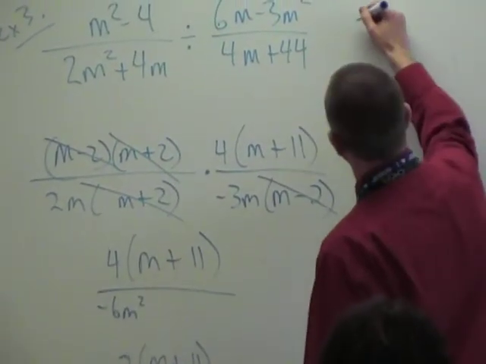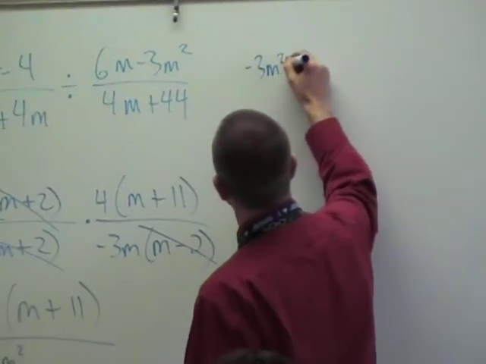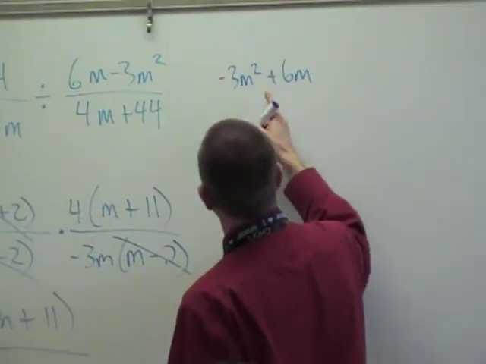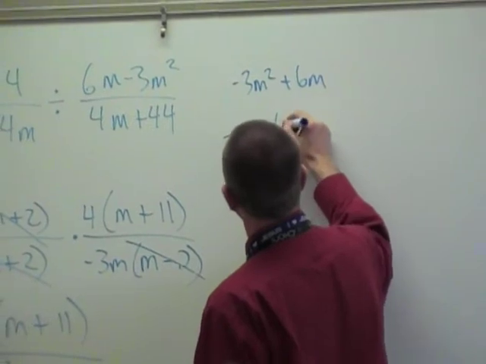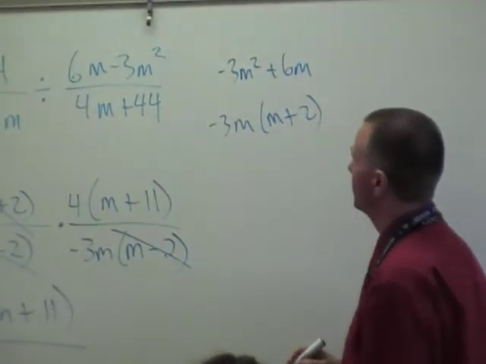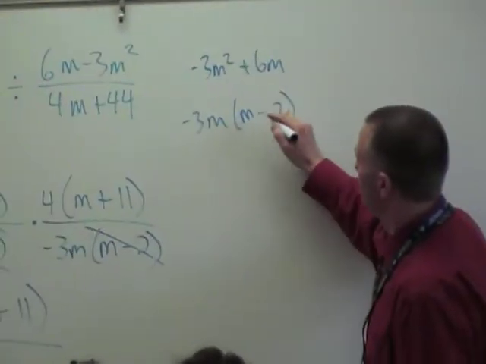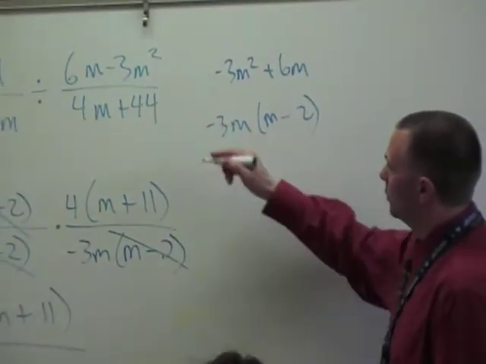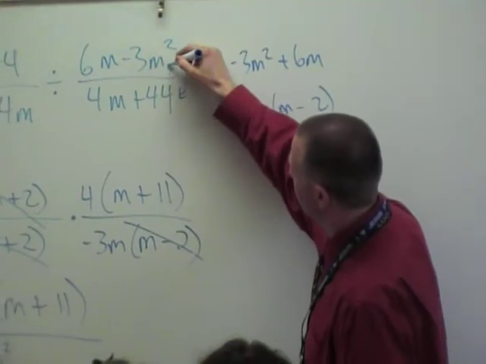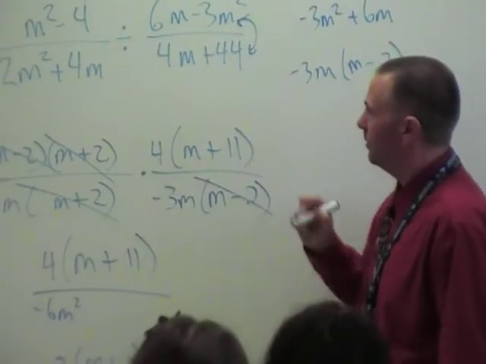So here's what I did. I just switched this around, and then I factored out a negative 3m, and the other factor is m minus 2. I put that on the bottom. Factored out a 4 out of here and got m plus 11.